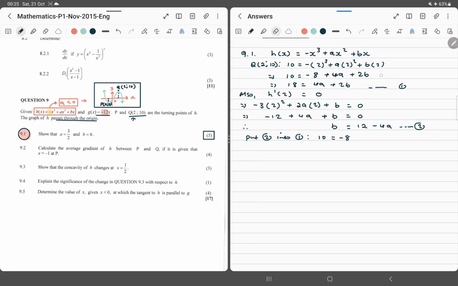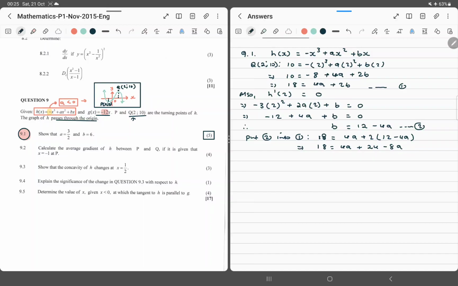Let's sort it out so that we don't suffer. So 18 equals 4a plus 2 times, instead of b, 12 minus 4a. This implies 18 equals 4a plus 24 minus 8a.